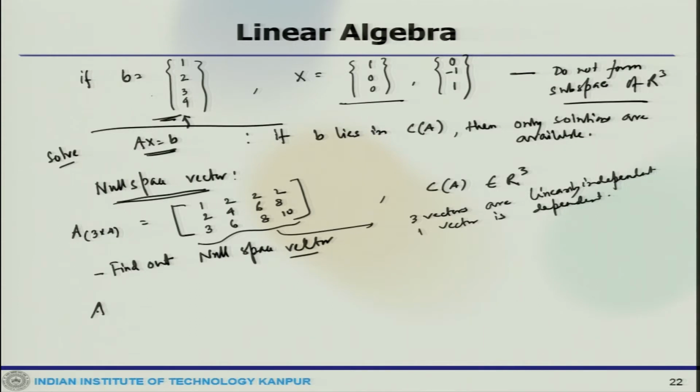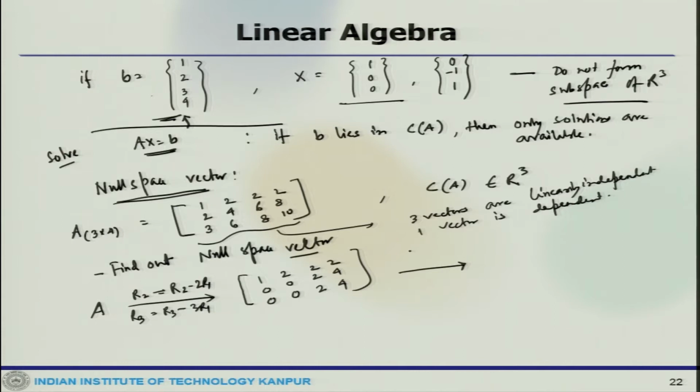Here we do the operation R2 equals R2 minus 2 R1, and then we get 1 2 2 2, 0 0 2 4, and also R3 equals R3 minus 3 R1, which will be 0 0 2 4.